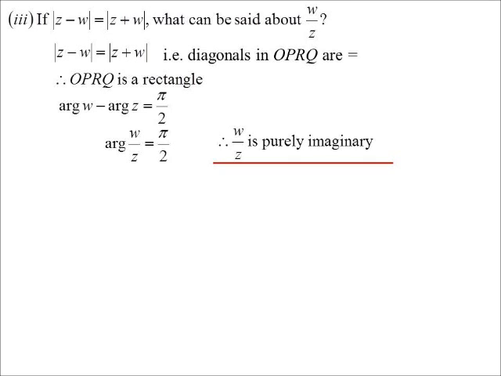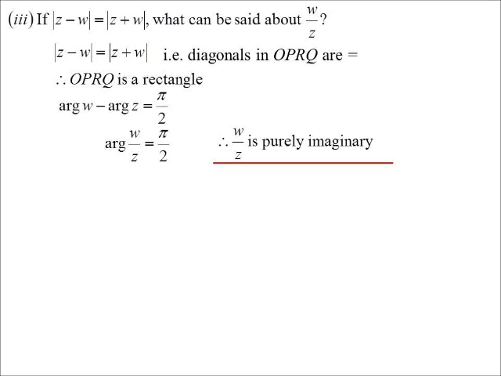So let's move back to here. We now know that that's pi on 2. But we had a rule: if we subtract arguments, it's like dividing the complex numbers. So we're now saying the argument of W on Z is pi on 2. If I was to place it on the Argand diagram, I have to place it somewhere where its argument is pi on 2.